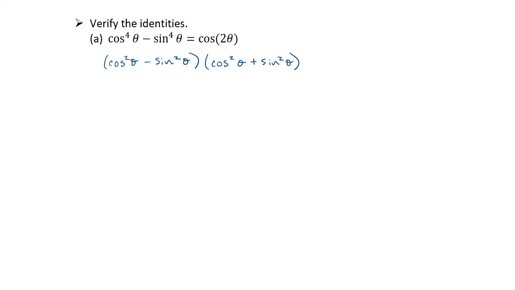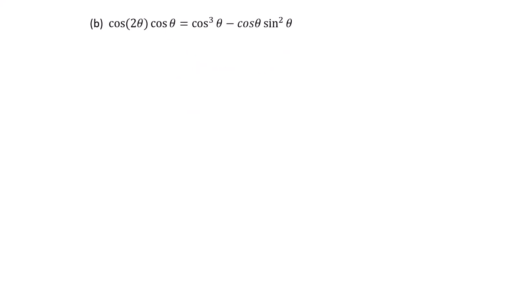I know that the cosine squared theta minus sine squared theta is cosine of 2 theta, and cosine squared theta plus sine squared theta is just 1. So the cosine of 2 theta times 1 gives me the cosine of 2 theta.